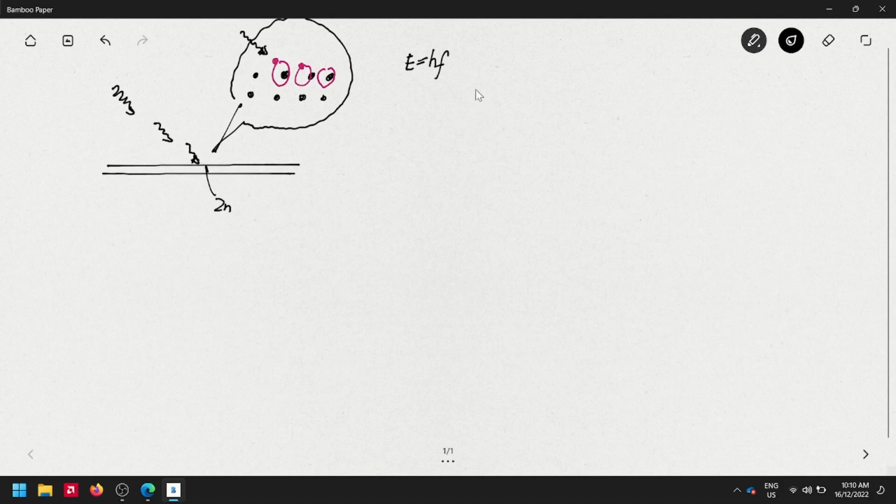Meaning to say, I have my hf as the total energy, which should equal the kinetic energy of the electron plus the work function. Because when you give an amount of energy, about hf, to the electron, then that energy will be used to oppose the nuclear force.